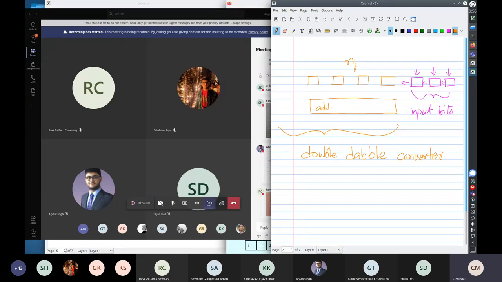Add 3 if nj is greater than or equal to 5, right? So normally you're going to shift. So you have a multiplexer here, right? So normally you're going to shift.